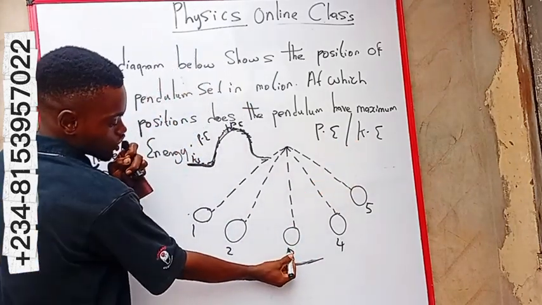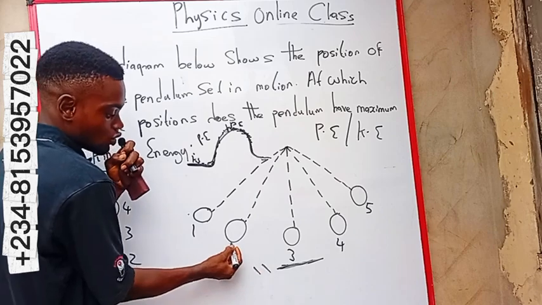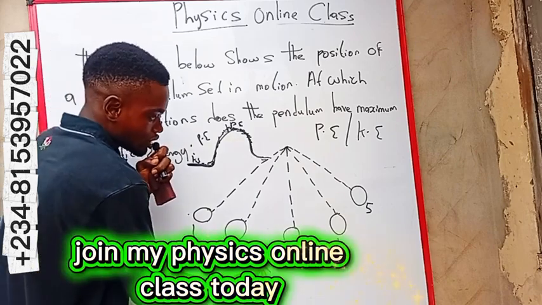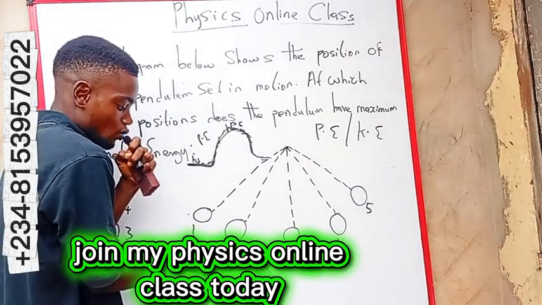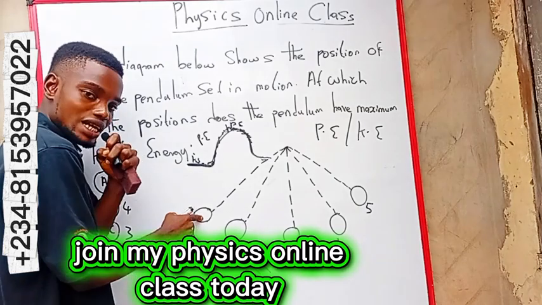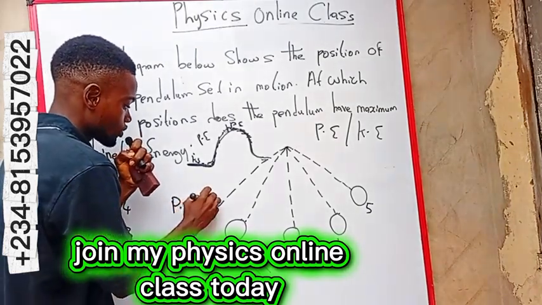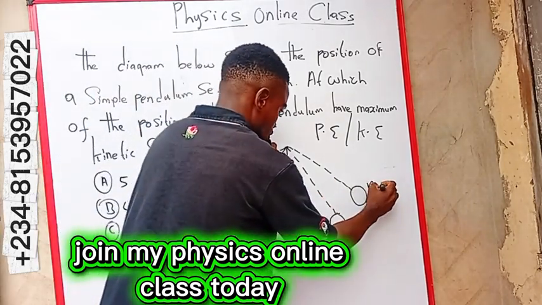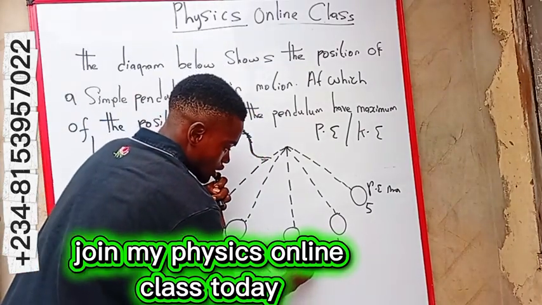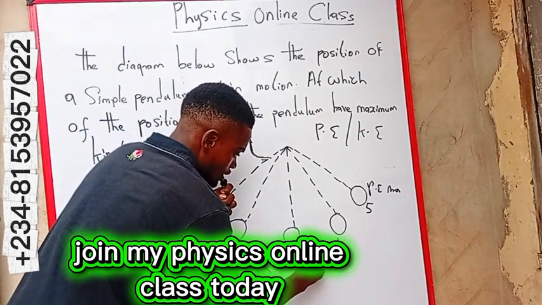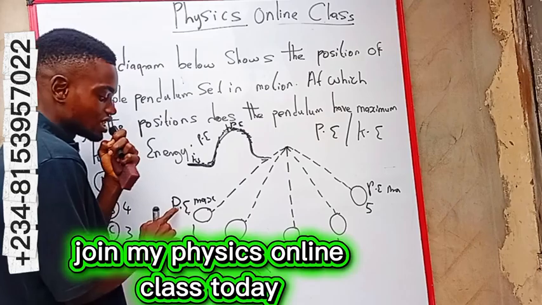So if the body is now swinging this side, the kinetic energy will be dropping. And as the kinetic energy is dropping, the potential energy will be increasing. When the kinetic energy has finished, at this point, the potential energy is maximum. Why at this point?